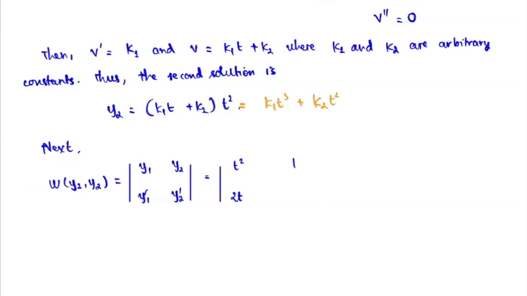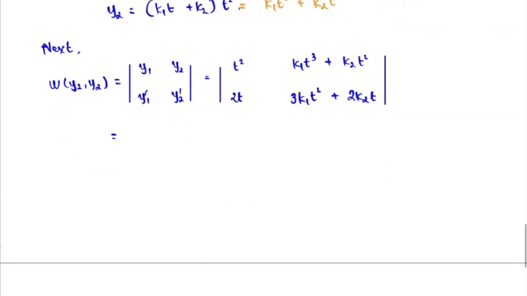So y2 is k1t cubed plus k2t squared. The derivative of that is 3 times k1t squared plus 2 times k2t. I used the 2 by 2 determinant formula to calculate this value. You get t squared times 3k1t squared plus 2k2 times t, minus 2t times k1t cubed plus k2t squared.